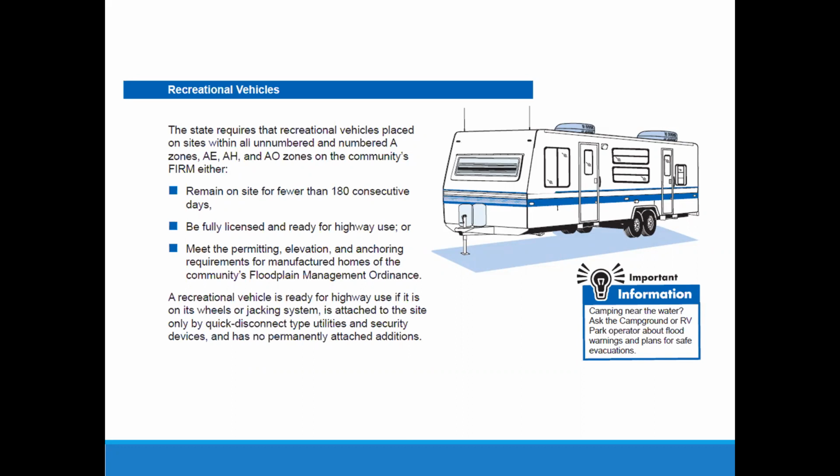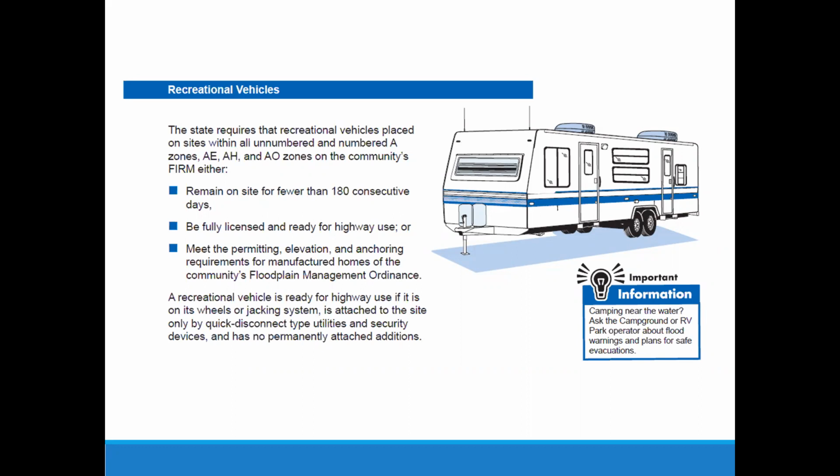So being licensed and ready for highway use means it does have a license plate, and it has air in the tires. And so it's not sitting up on cinder blocks or something. It definitely looks self-propelled. And so, we don't make them go out and start the engine. We just have the floodplain administrator go and look at it, do the inspection, and make sure that it's compliant with that.